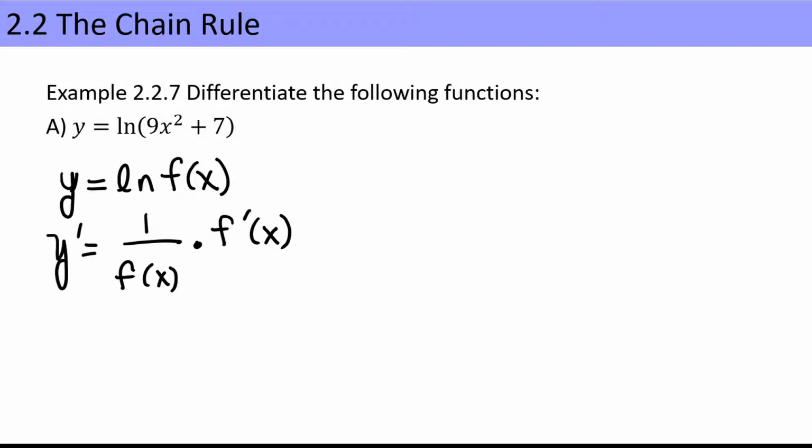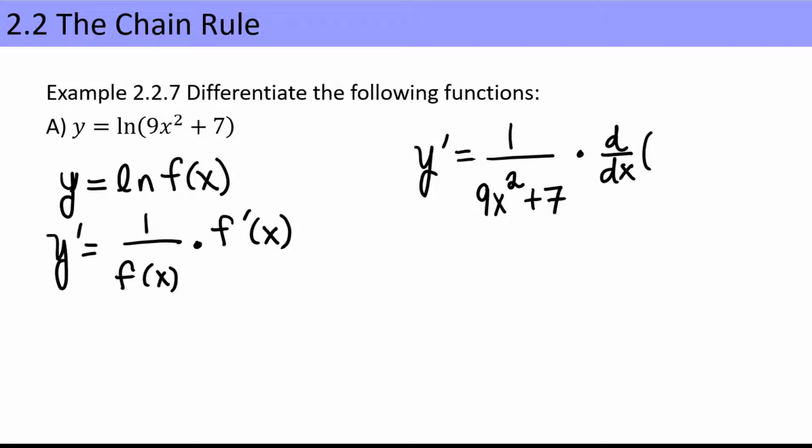That's actually a specific application of the chain rule, so we'll do the same special property under the heading of chain rule for this example. So we'll have y prime equals 1 divided by 9x squared plus 7. And remember, we need to take the derivative of the inside function, so write d dx of 9x squared plus 7.